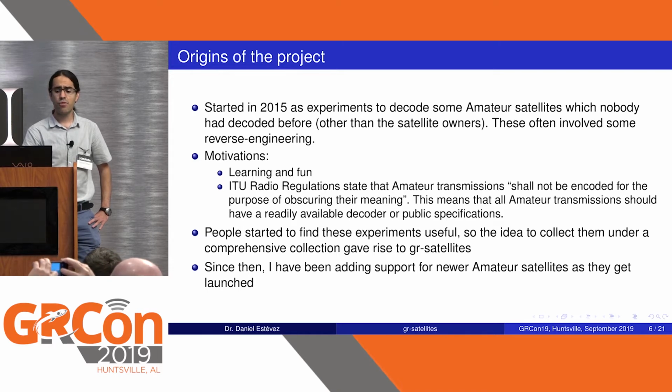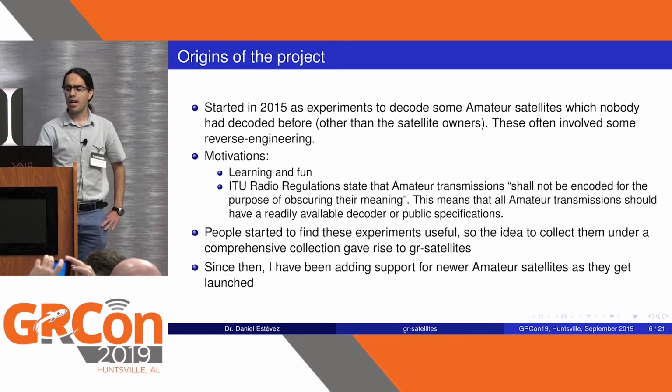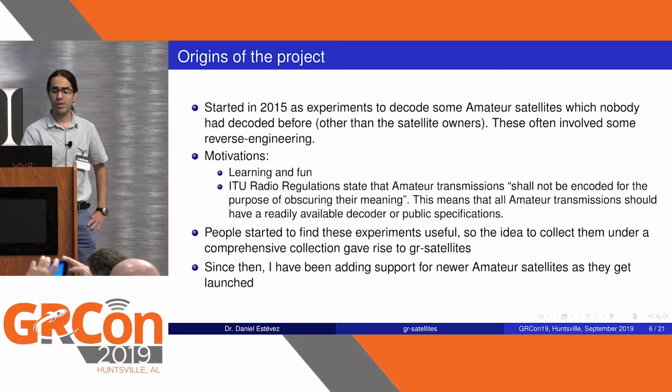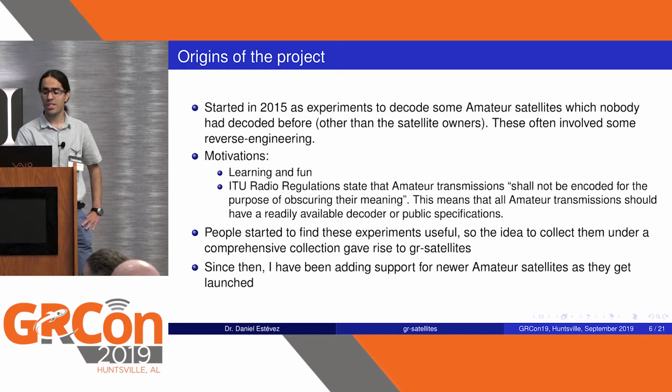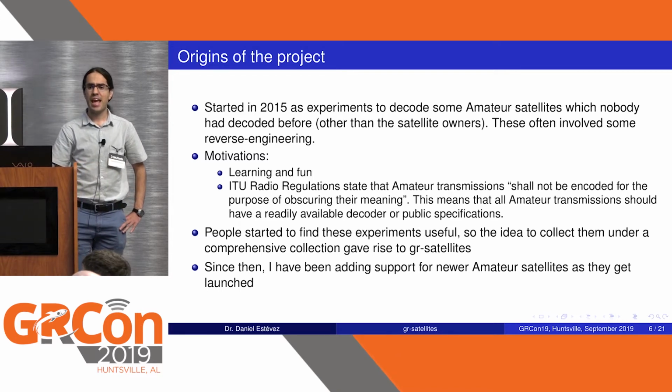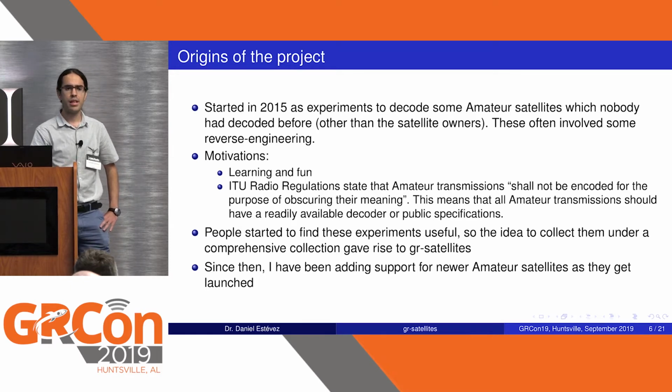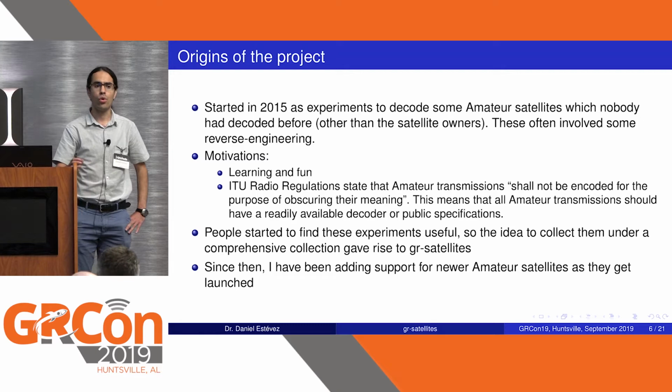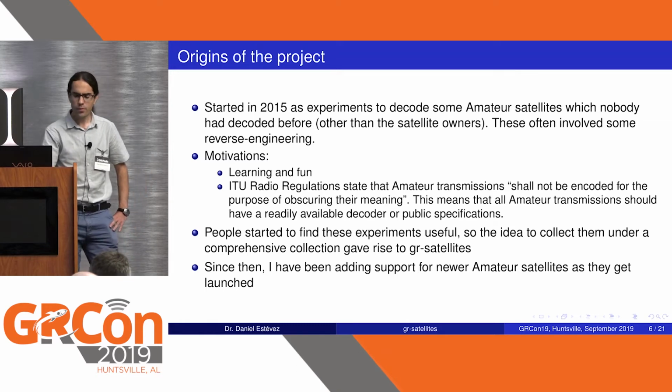I did this mainly for learning and for fun, but another important motivation for me is this sentence in the ITU regulations about the amateur radio satellite service, which says that transmissions by amateurs shall not be encoded to obscure the meaning. Effectively, what this means is that any transmission on amateur bands needs to have open specifications or an available decoder or some form that anyone can go and decode the data.